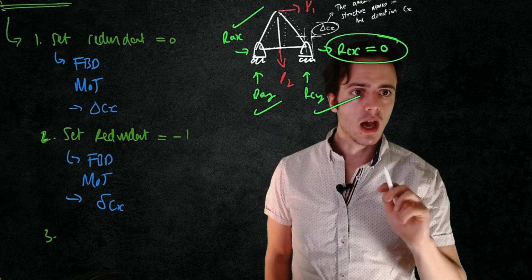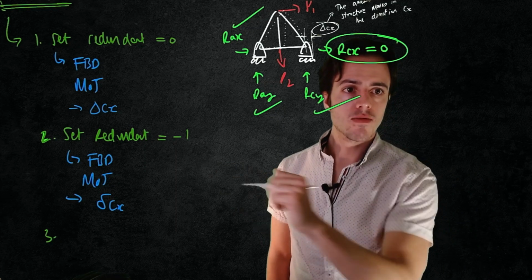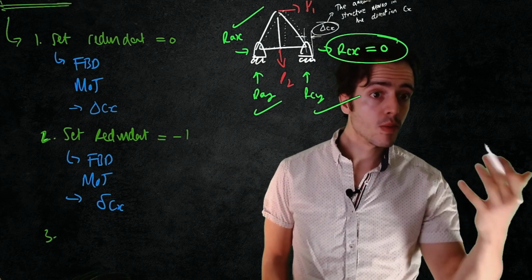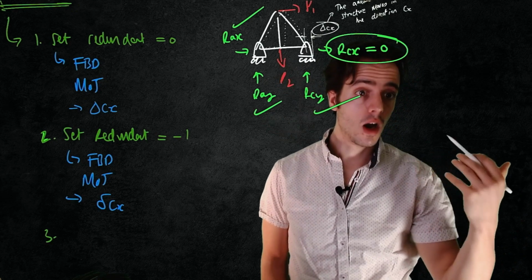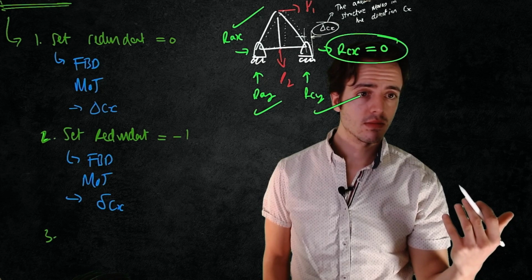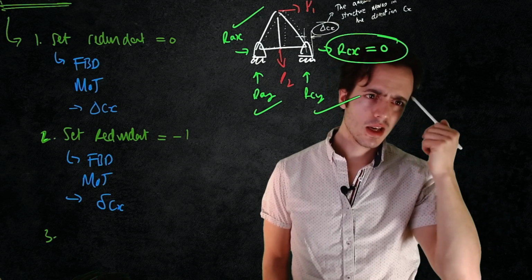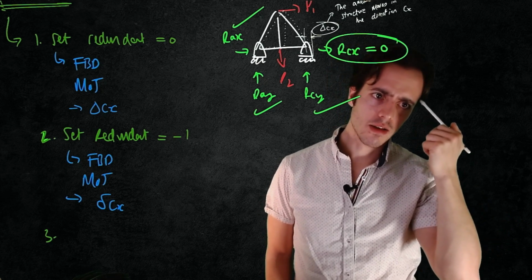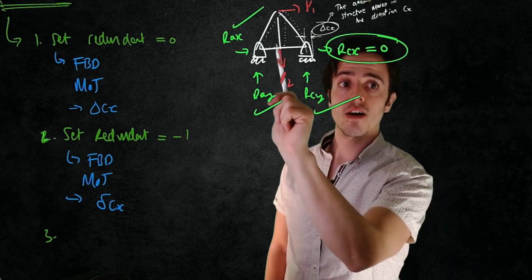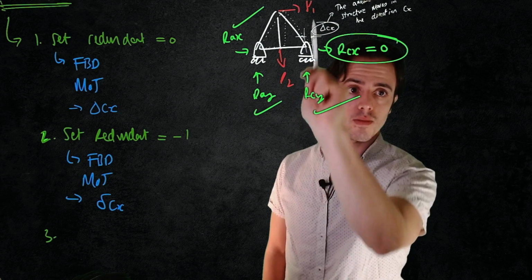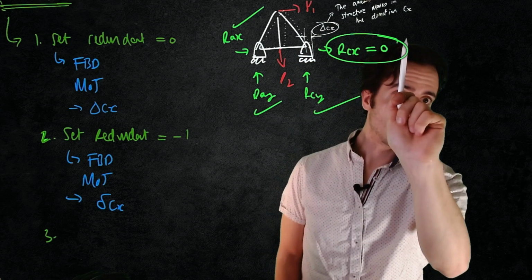We're then going to say, okay, let's set the redundant equal to -1. And if, when we determine that, we determine this second displacement to the left is 0.5 meter, then we can think, okay, well, a reaction of 1 Newton only gives us a displacement of 0.5 meter in this direction, whereas P1 and P2 give us 1 meter in this direction.